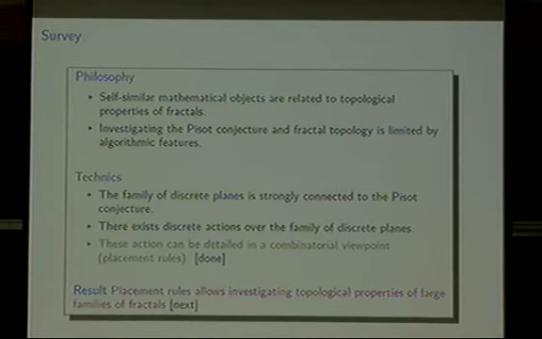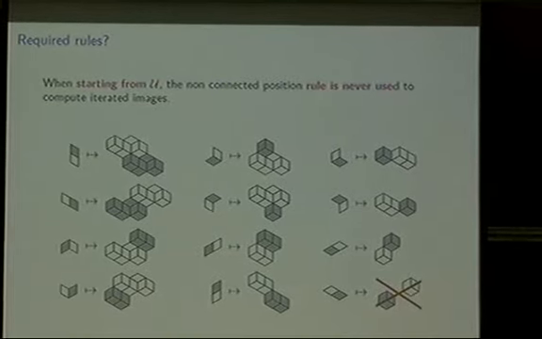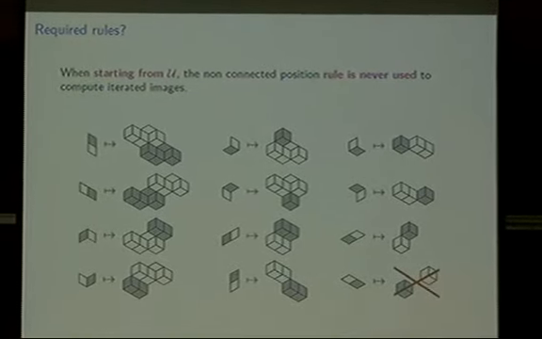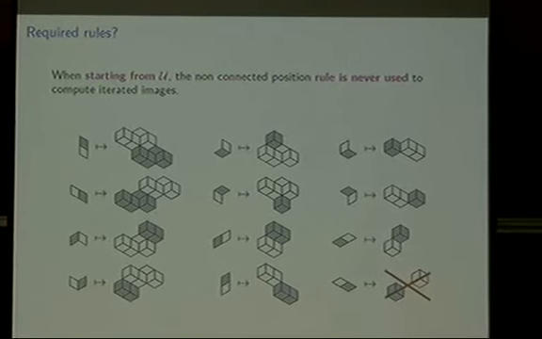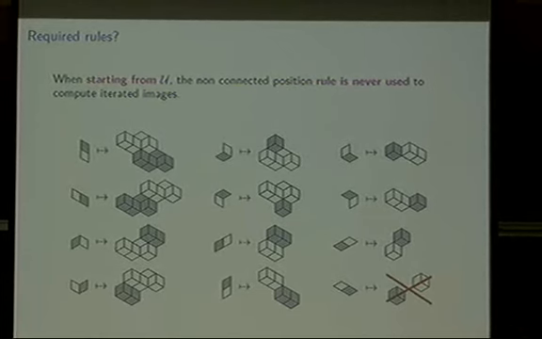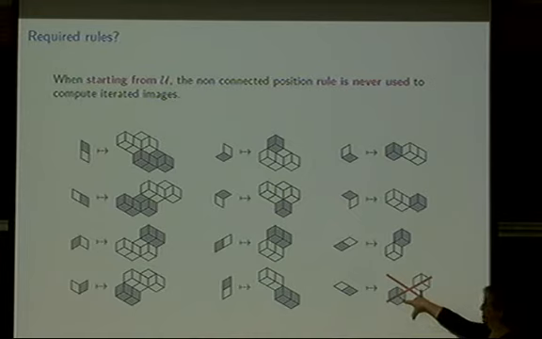And so I started with the question, how can we describe a discrete plane? And now the answer is that we have a very combinatorial viewpoint, which is a positioning process. And what is the application? The application is that we can study connectivity of families of fractals, because these are my local rules, my positioning rules. If I start from the unit cube, I never need that one.